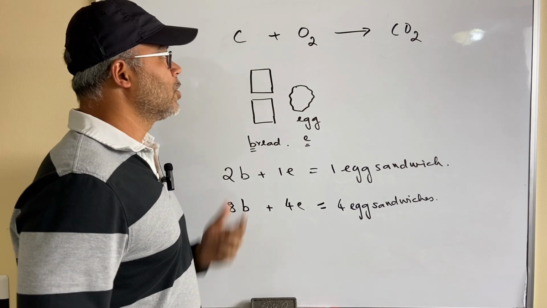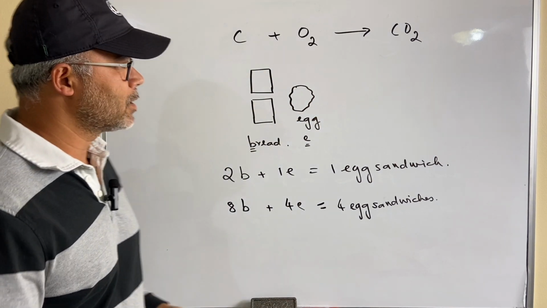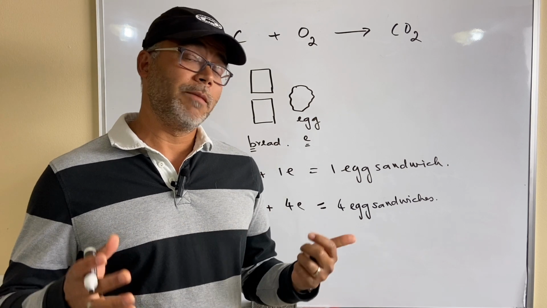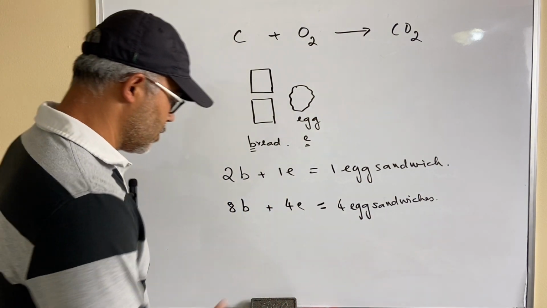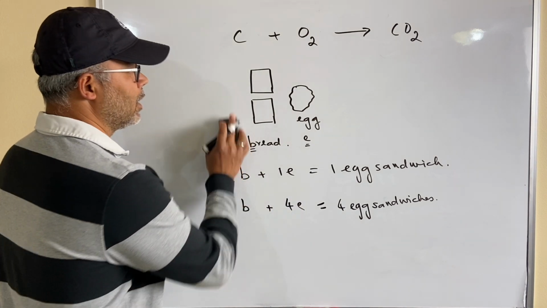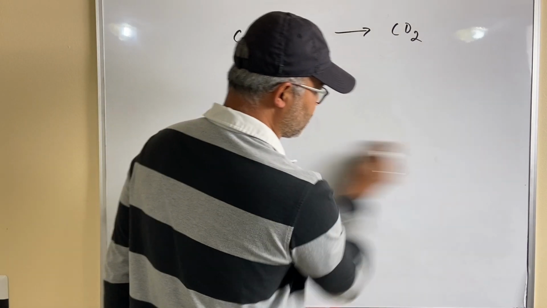Okay, so that's kind of how it works. Now it gets a little more complicated when you start looking at a fully balanced reaction, but the foundation is still the same. So let's take a little different reaction and look at that.